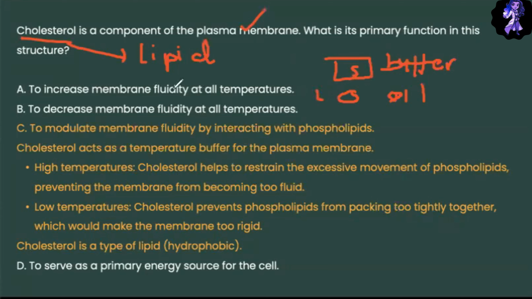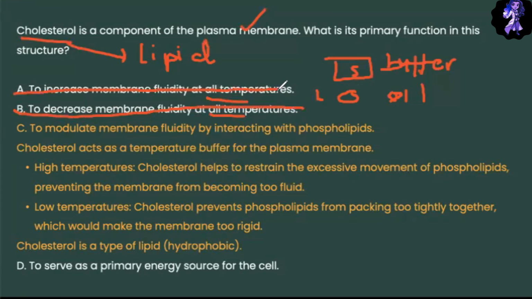For answer choices A and B, we know that cholesterol can fluctuate between solid and liquid based on the temperature. So the function of cholesterol isn't going to be to either increase or decrease membrane fluidity at all temperatures. We know that it's just going to be the same across the board. Because of this, we can eliminate B and we can eliminate A.